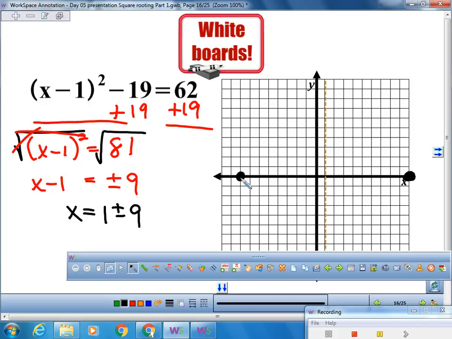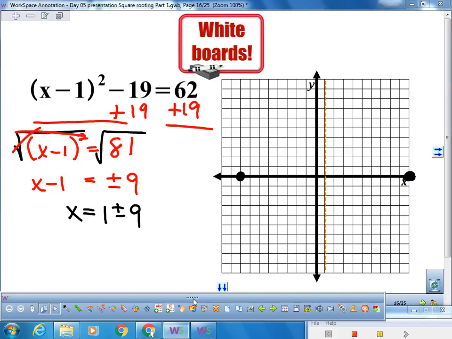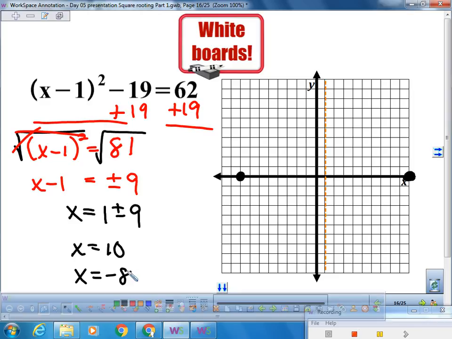Or I could go ahead and do the math and say, what's 1 plus 9? 10. And what's 1 minus 9? Negative 8. Graphically, algebraically. How would you find the vertex? What could you plug in to find the vertex? 1. The axis of symmetry is 1.